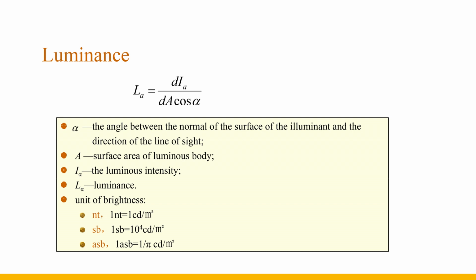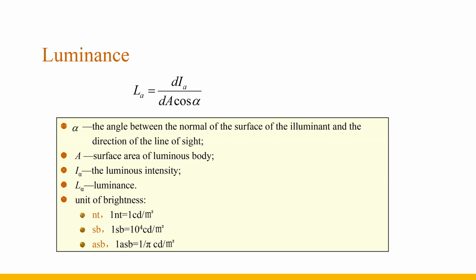Two objects in the same position have the same illuminance, but can cause different visual perceptions in the human eye. The luminance is the luminous intensity per unit projected area. When the luminous intensities in the direction of the angle alpha are all equal, the differential sign can be removed.